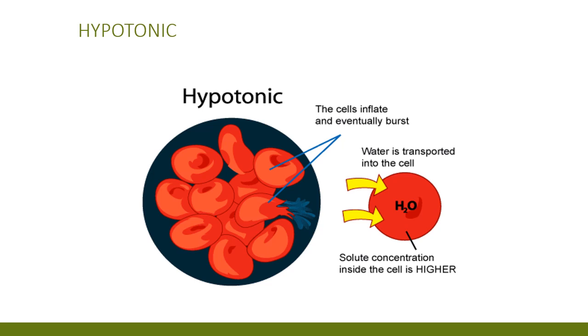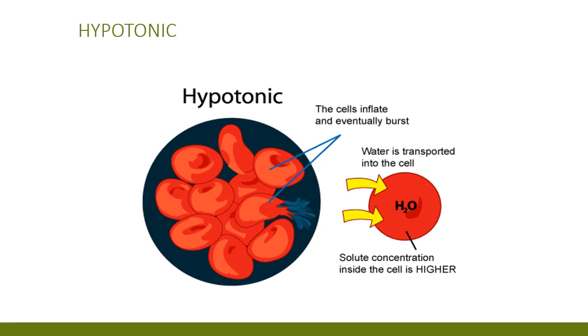And then hypotonic solution means that the cells are going to have a lot more solute within the cell normally. And what's going to happen is if you put a cell, like a red blood cell, in pure crystal water with nothing else, meaning distilled water, there's no solutes in it, the cell will actually burst because the water is going to rush in to try and find its equilibrium.